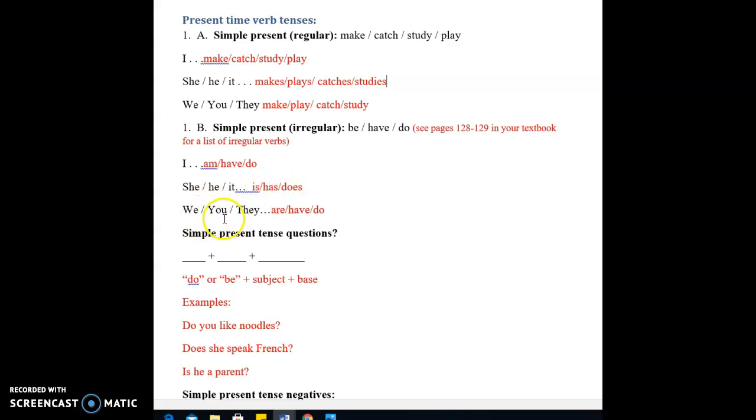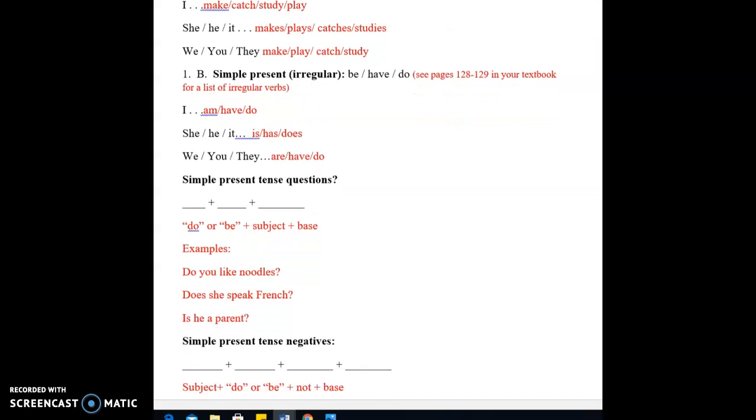Okay, and again, when we get to this group of subjects, we, you, or they, we are, you are, they are, have, or do. Okay? So again, you have to know what your irregular verb forms are, and unfortunately, those need to be memorized.